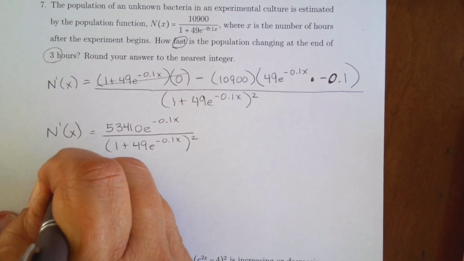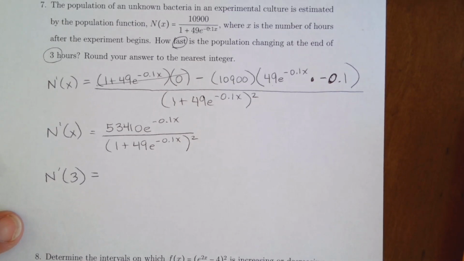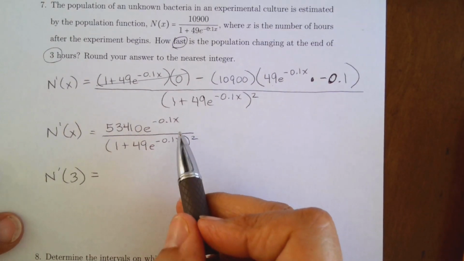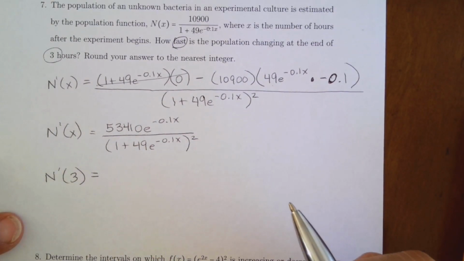So that's what I would use. Now I can find the rate. How fast is the population changing after 3 hours? So every hour is going to be different, right? The rate is changing at a different pace. So this is just for 3 hours. So we're going to plug in 3 here and 3 here, okay?